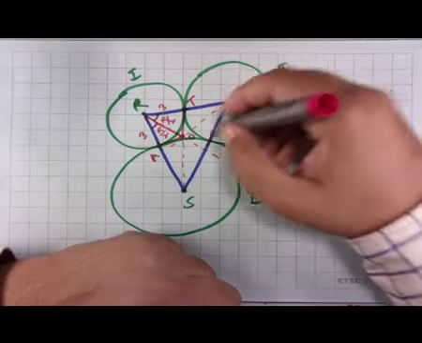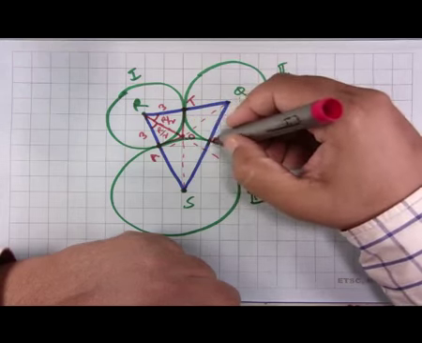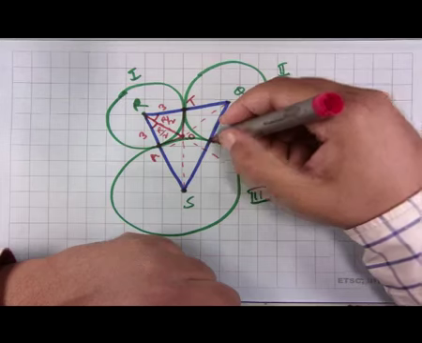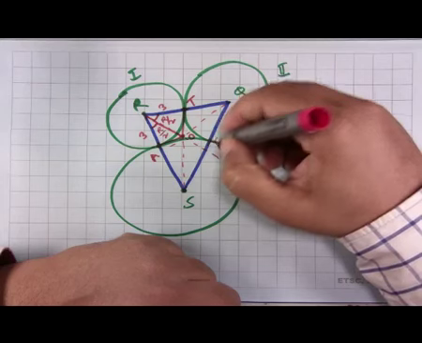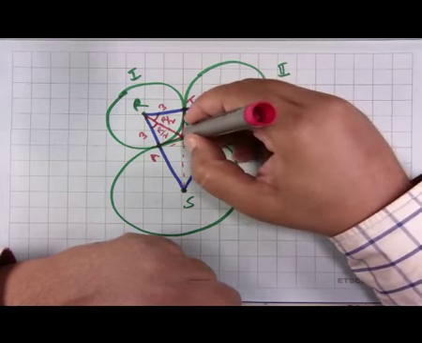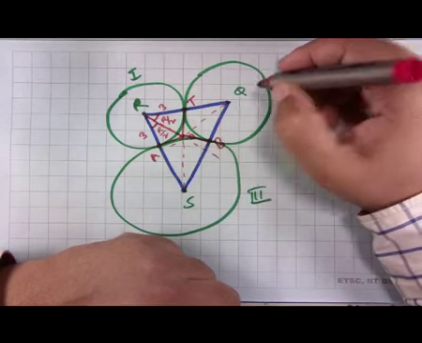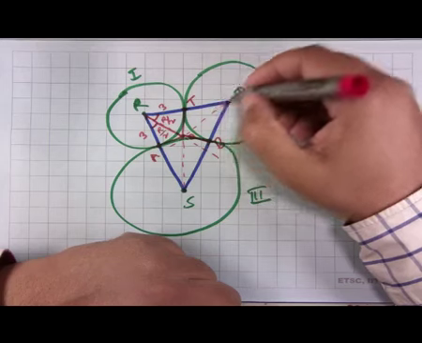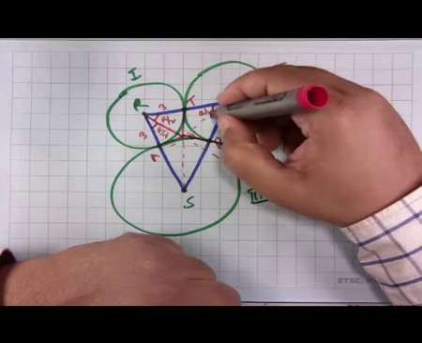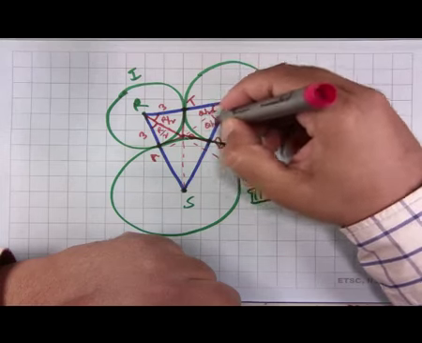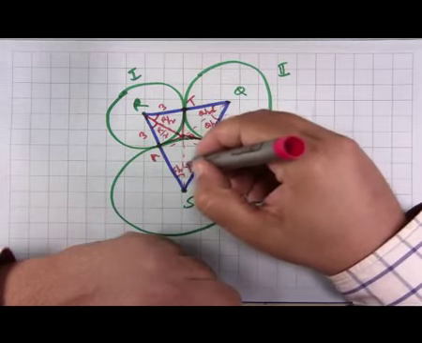In a similar manner, let us denote the point of contact of these two circles by point B, and we also join O and B. Again, because this dotted line is the angular bisector, we have Q by 2 and Q by 2 over here. Similarly, this angle is S by 2, and this is also S by 2.